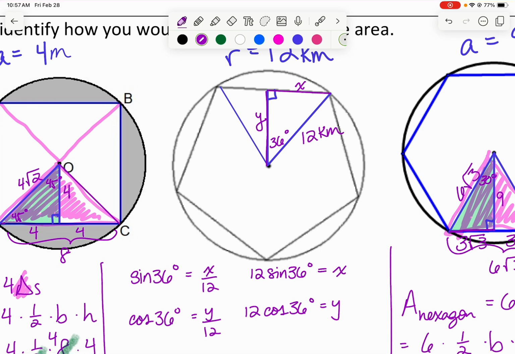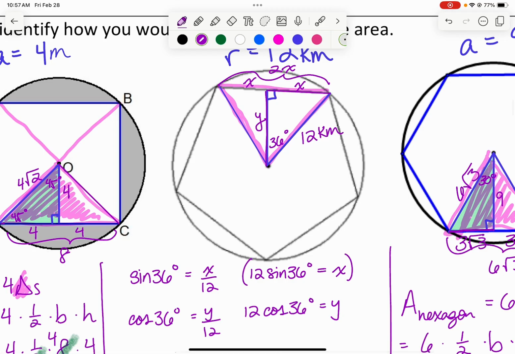So now that we've found this, I want to look at my whole triangle, in pink, which means I need not just 1x, but 2x. So if I multiply both sides by 2 down here to get 2x, I multiply the 2 just into the 12 to get 24 sine of 36 degrees, which equals 2x, which is the base of the triangle.